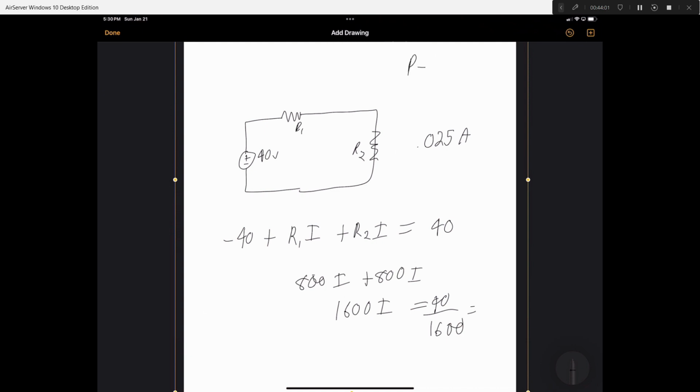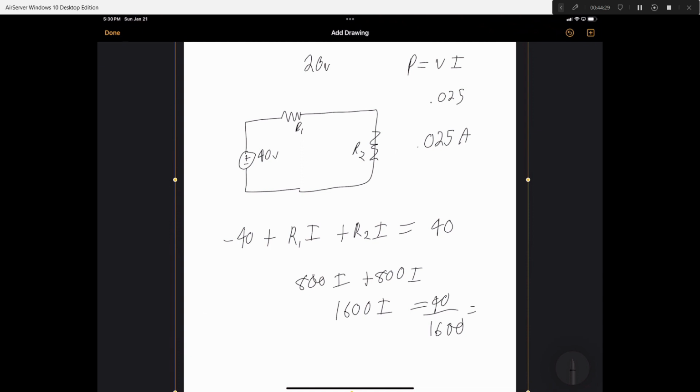Power is equal to voltage times current. So we know the current going through the second one. But what is the voltage going through that second resistor? Well, the voltage going across there is 0.025 times the resistance, 800, which is 20 volts. 20 volts going across that resistor.